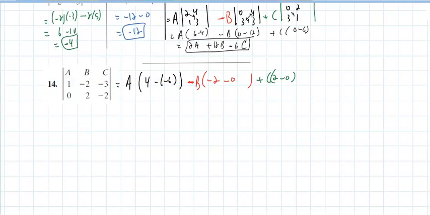So basically, again, you could do this any way you like, any row or column. For now, we're going to stick with this. That's going to be a positive 10A plus 2B plus 2C. And there it is.